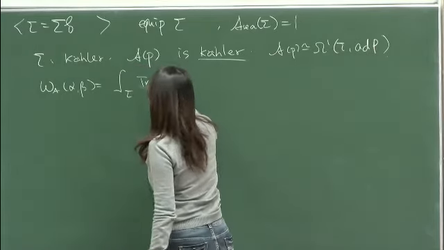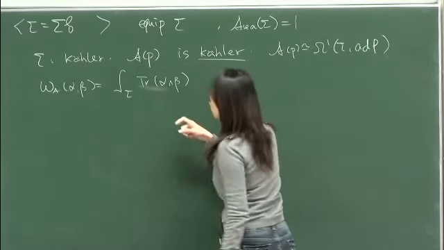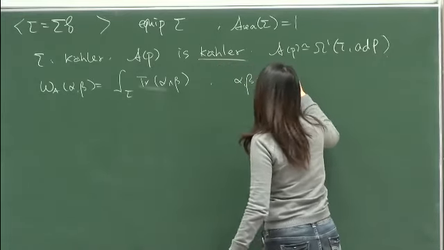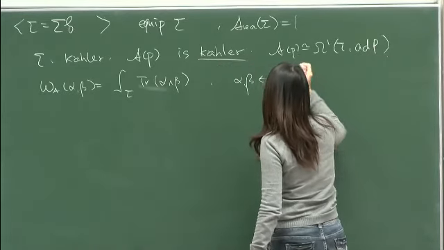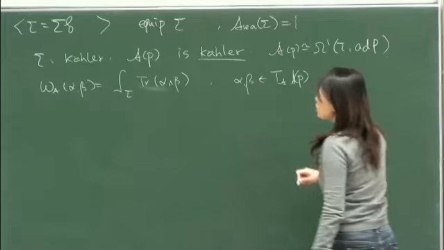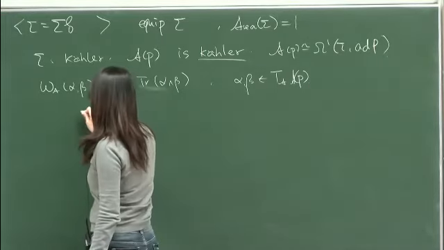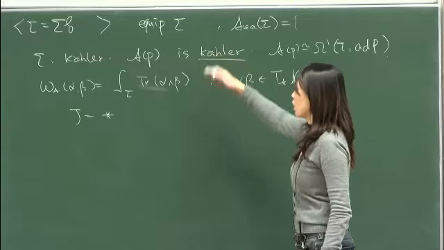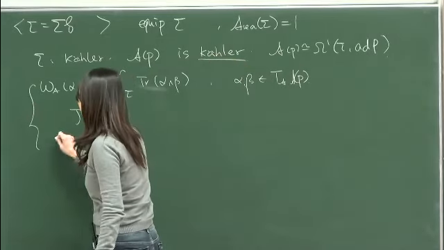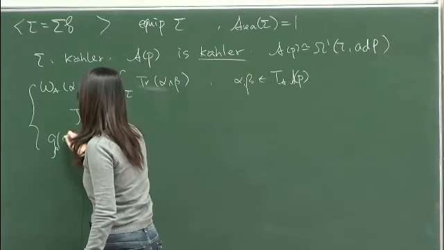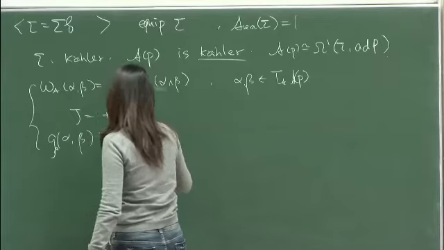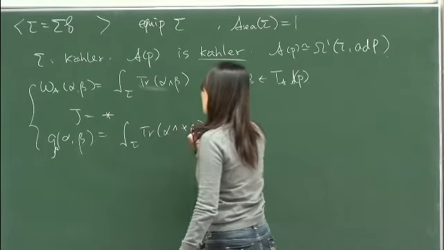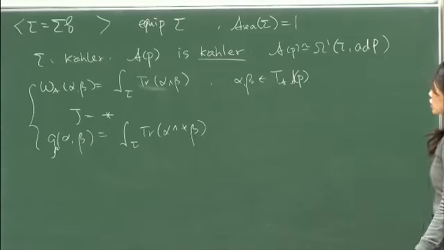You take the trace of alpha wedge beta and you integrate it over sigma, where alpha, beta lie in the tangent space, and the complex structure comes from the Hodge star operator on the surface, and the compatible Riemannian metric is given by taking the trace of alpha wedge star beta. So that's the Kähler structure on this space.